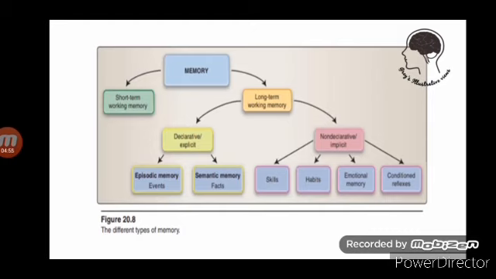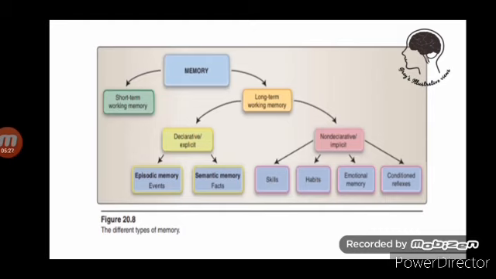Third is classical conditioning, which depends on the amygdala for emotional response and the cerebellum for motor response. Last is non-associative learning, of two types: habituation and sensitization. Sensitization is positive memory and habituation is negative memory, dependent upon reflexive pathways.